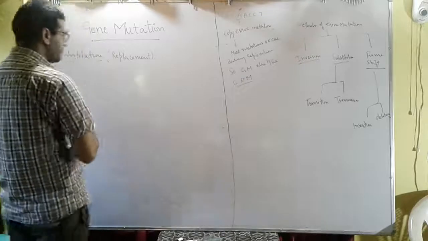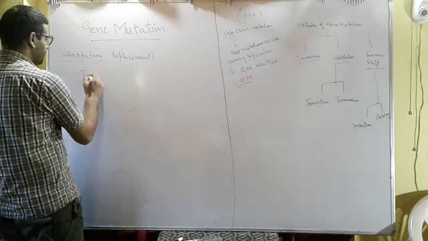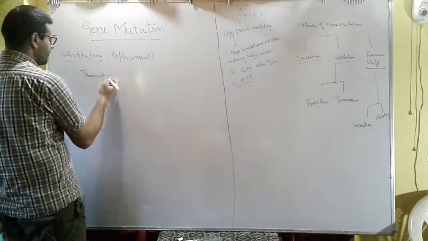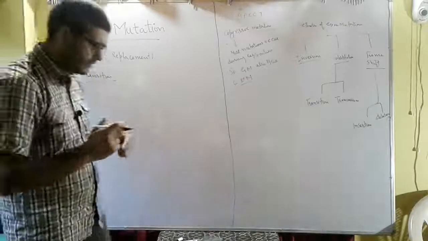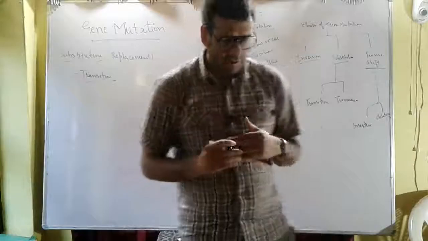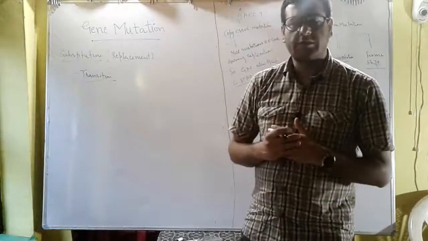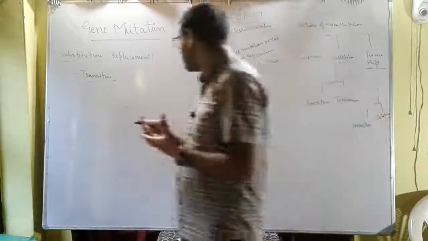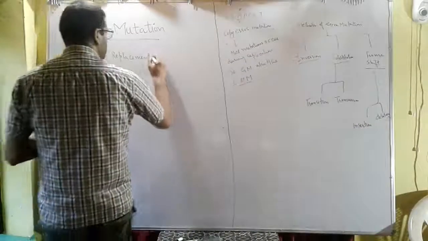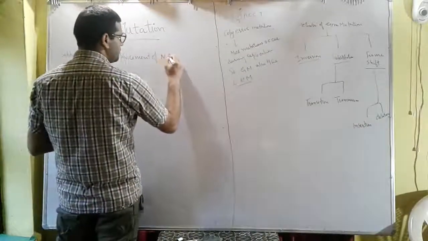We have two types of substitution. One is transition. Substitution simply means that nitrogenous bases will get replaced with each other. So it is a replacement of nitrogenous bases.